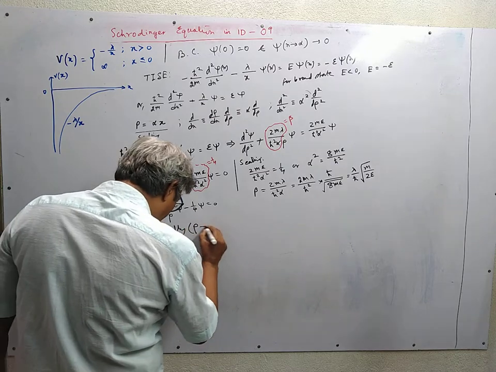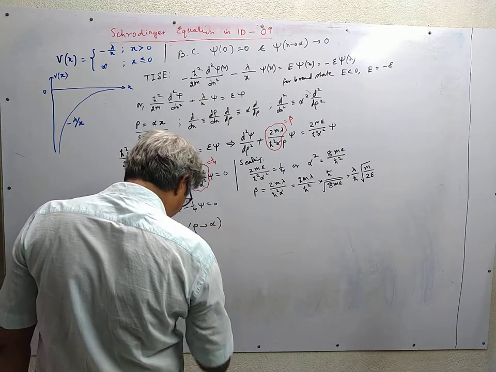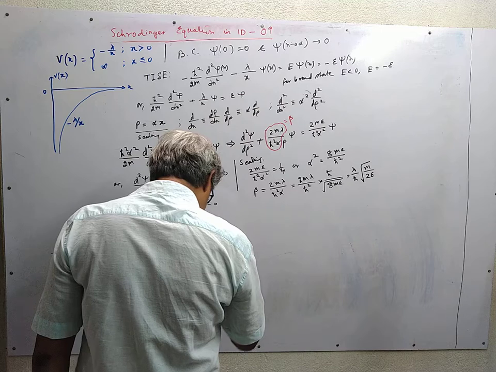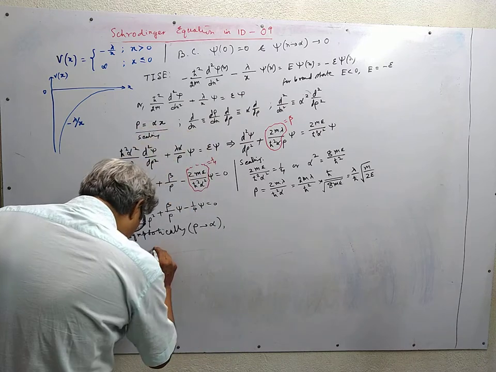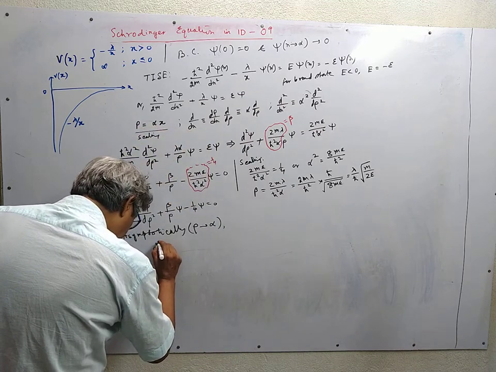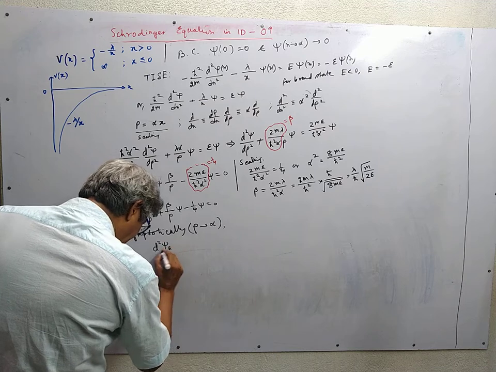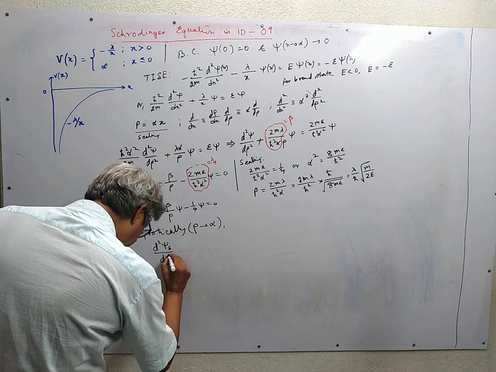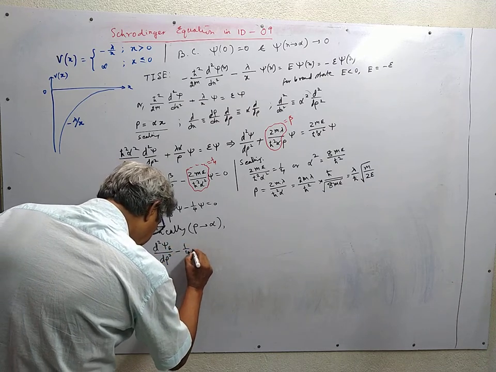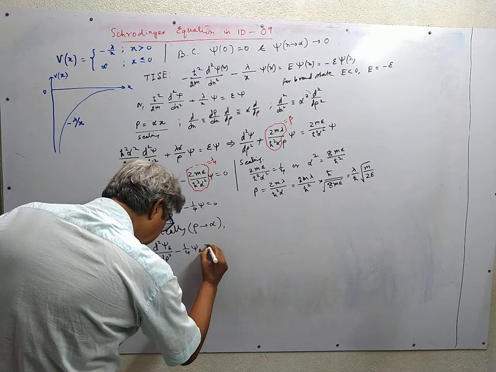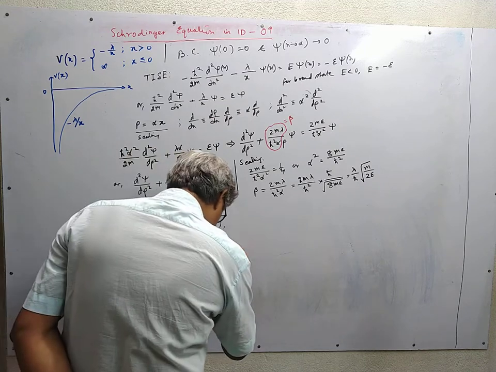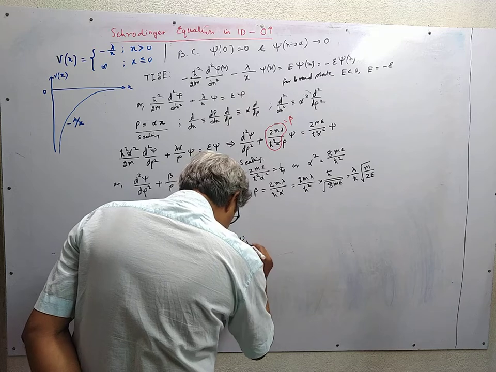Asymptotically, that is when rho tends to infinity, the wave function is A e to the power minus rho, which gives you a solution.